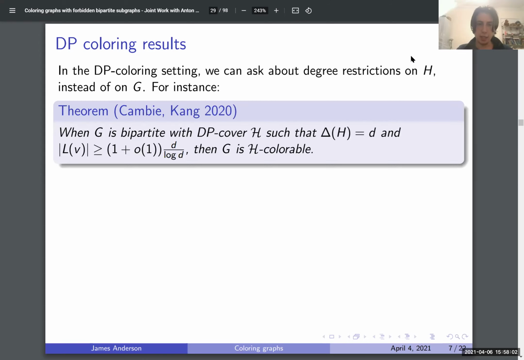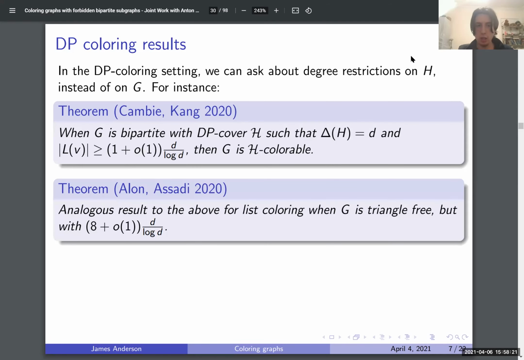So Kang and Canby in 2020 showed that when G is bipartite with a DP cover H such that the maximum degree of H is D, and the list sizes are all (1 + o(1)) D over log D, then G is H colorable.